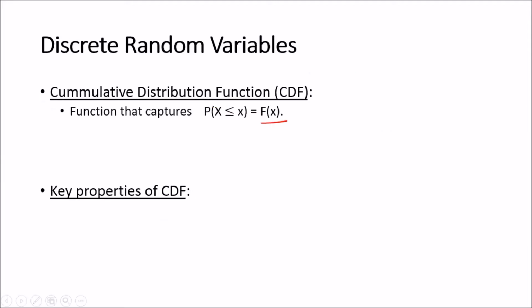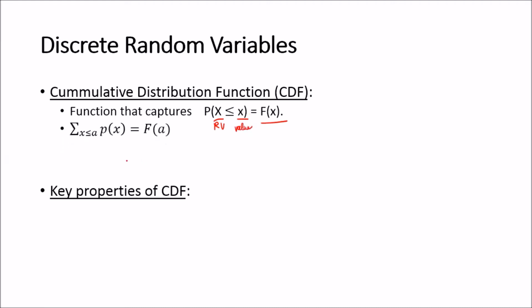So the next thing I'd like to cover with you is the cumulative distribution function. It's a function that captures the probability that the random variable X is less than or equal to some value lowercase x. So it's the probability that the random variable is less than or equal to lowercase x, which is a realization or some value. Okay.